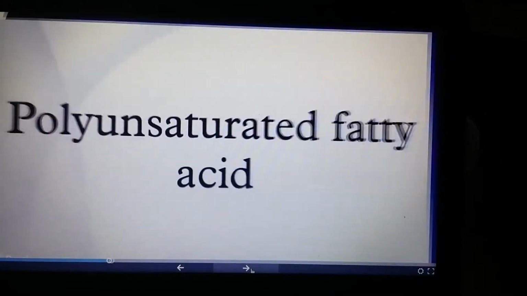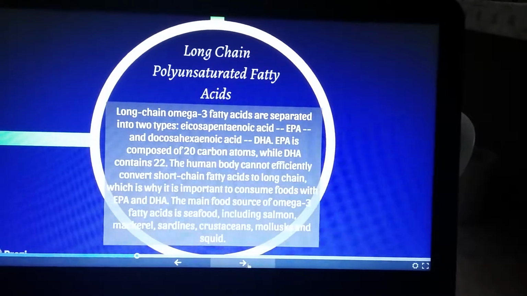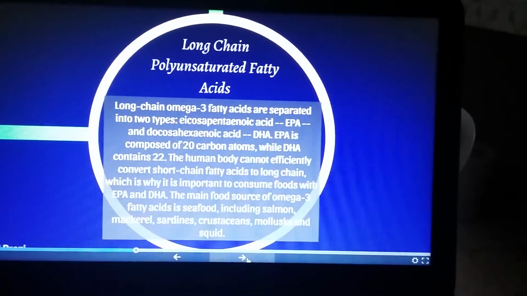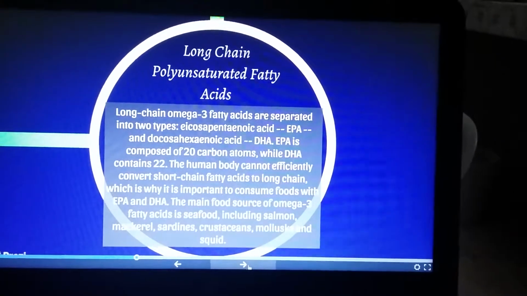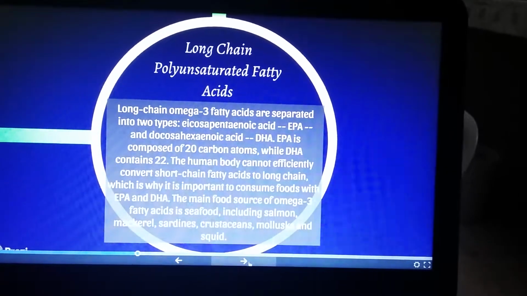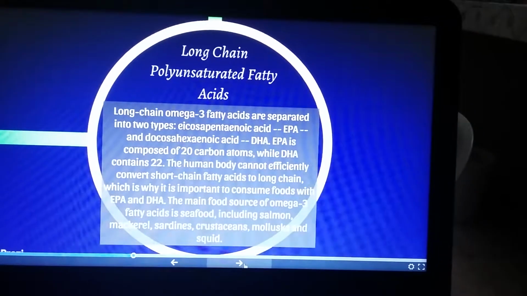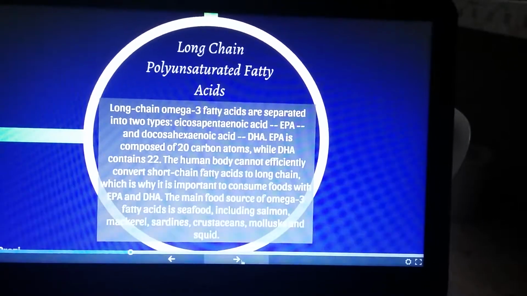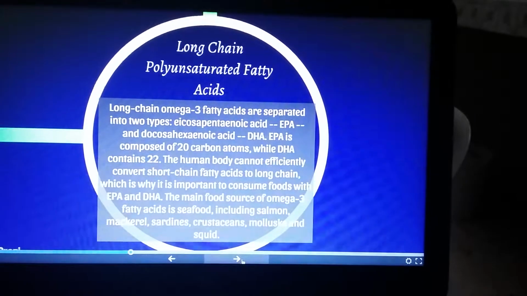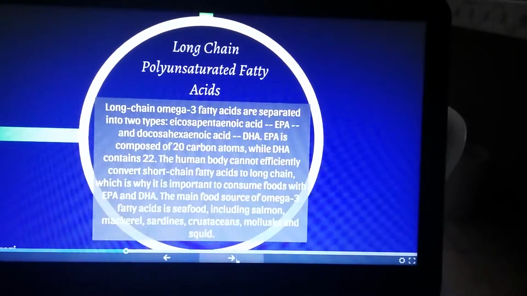Polyunsaturated fatty acids. Long-chain omega-3 fatty acids separate into types: eicosapentaenoic acid (EPA) and docosahexaenoic acid (DHA). EPA is composed of 20 carbon atoms, while DHA contains 22.